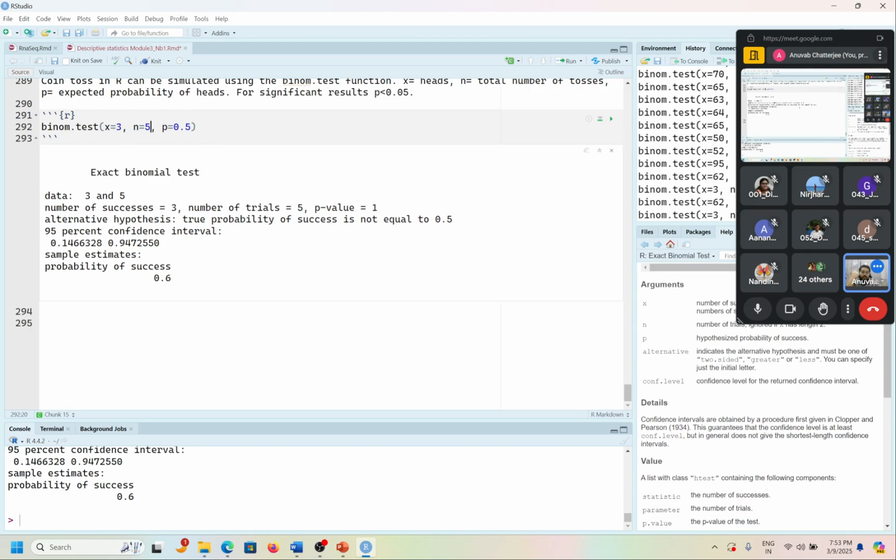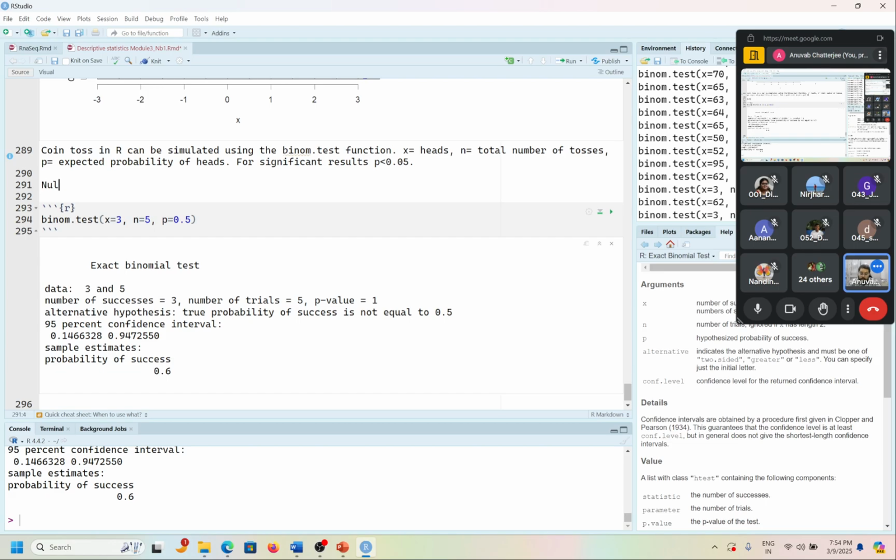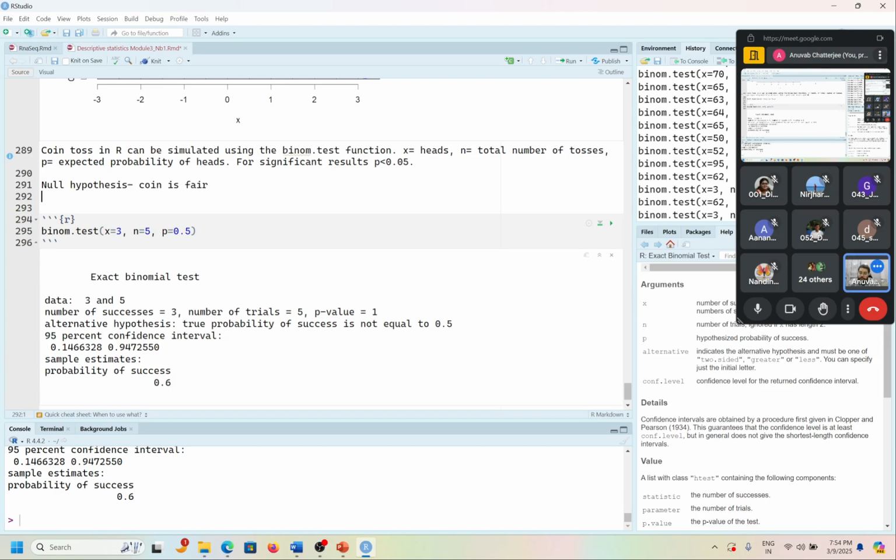So if I write it down: null hypothesis, coin is fair. Alternate hypothesis, coin is not fair.